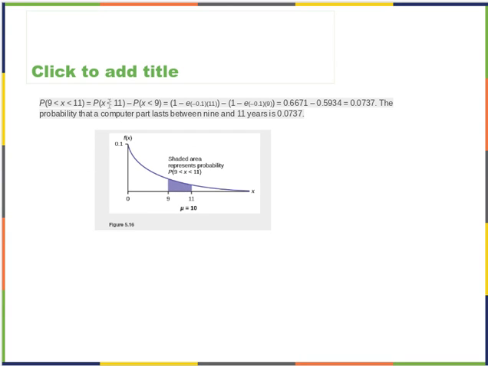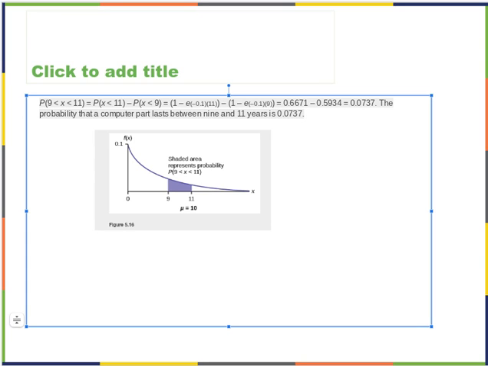And how do you find the probability of x less than 11? We go 1, because we know all of this area under here is equal to 1, minus the exponential of negative 0.1 times 11. And the same for this, and that's going to give you 0.6671 minus 0.5534. That'll get you to your answer.